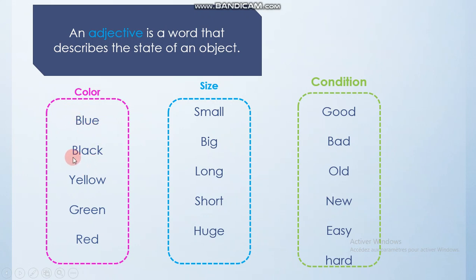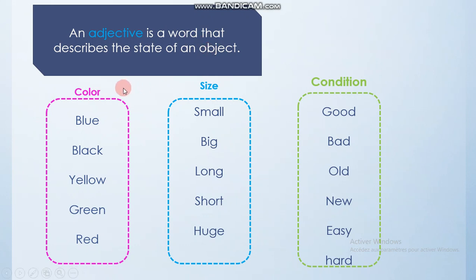Or I can say, my phone is black. How does my phone look? My phone is black. So black is the adjective. Yellow, green, red. When you use one of these colors to describe an object, these are adjectives.